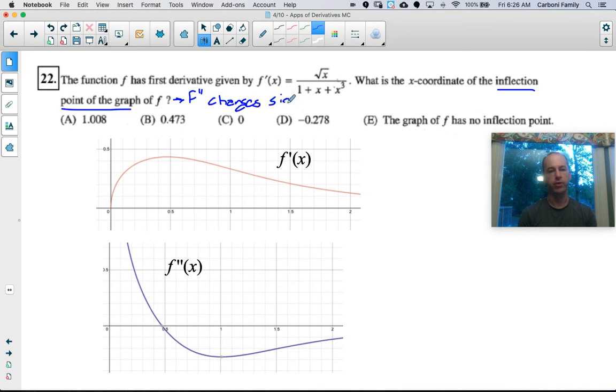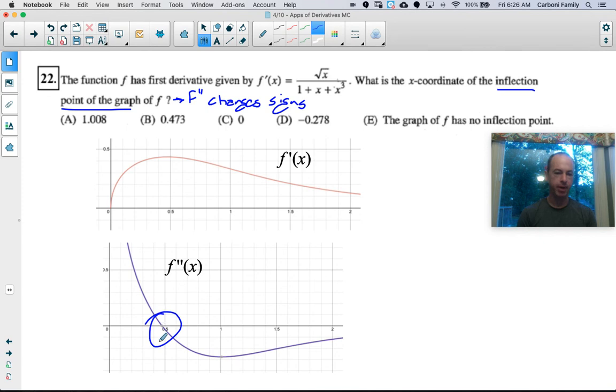So one way you could do this would be to find the derivative and then see where the derivative changes signs. And that's really not that difficult, because you will have a graphing calculator for this one. And so finding the derivative, just throw it in the calculator, store it into the graph screen. And if you look at f double prime, it goes from positive to negative right here.